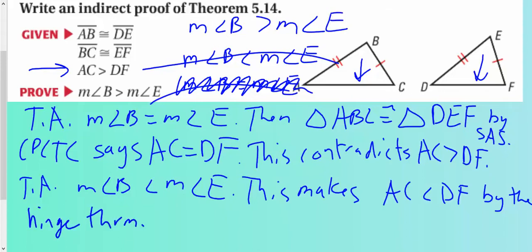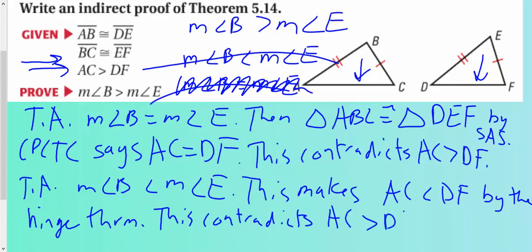Okay, but this also contradicts this here. AC is supposed to be greater than DF. Okay, so I just showed that that can't be true. So the only thing that's left is B has to be greater than E.